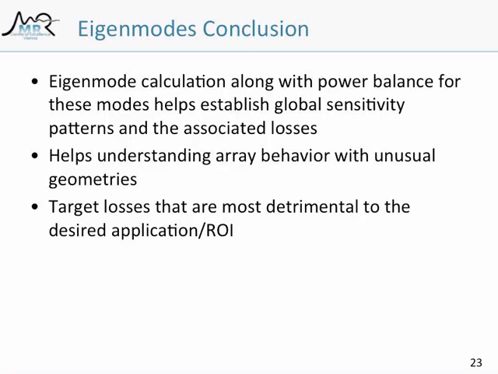These modes give me sensitivity in that region. The most important losses I have in those modes are this and that. So when I reduce losses in those components, I will get better sensitivity in that area. And that's really helpful when you are in the design stages of your coil.